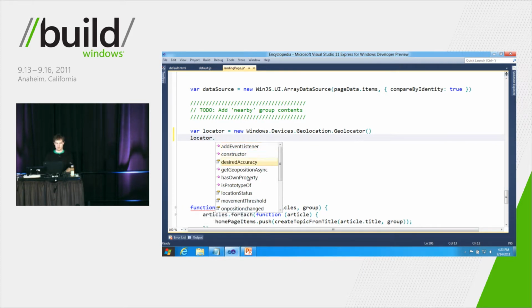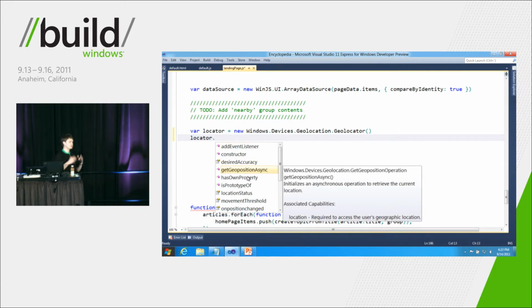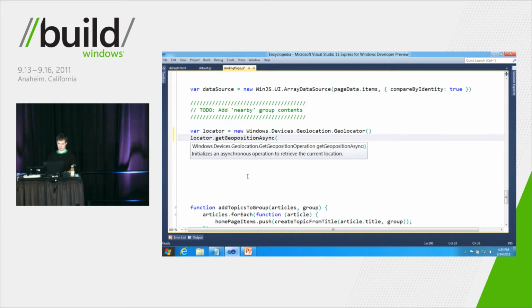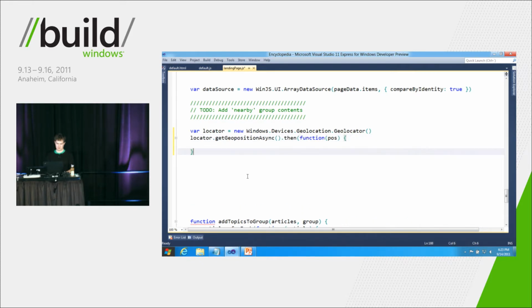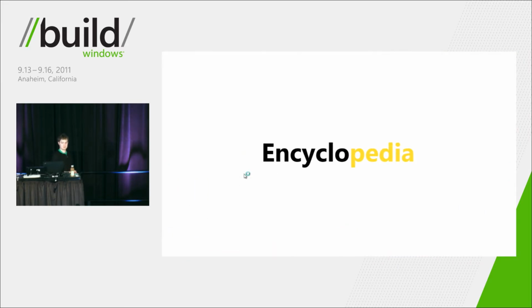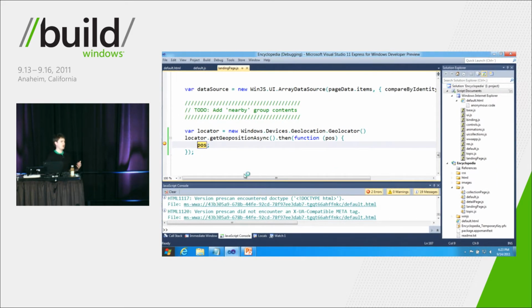But the one I'm going to use is the getPositionAsync. I just need to get the current position and use that to display the set of nearby articles. So I'm just going to call that. And then just like we saw on the slides, I'm going to say function position. And there we go. Now I've made an asynchronous call, and I've got some code in here that I can use to look at the position. Just to see really quickly what happens with this, you'll see that now when my application starts, I jump straight into this breakpoint.